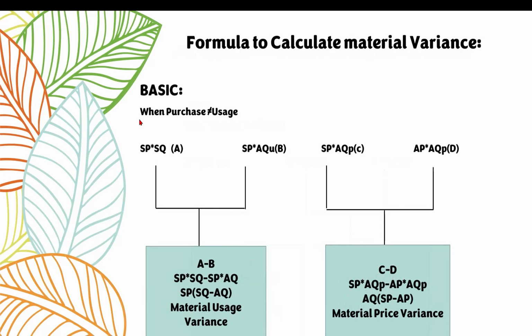But when purchase is not equal to usage, you need to write SP into AQ twice, one for the usage quantity and one for the quantity we purchase. Okay, and the ABC terms I have given to show the calculation part. So remember this one: in case purchase is not equal to usage, everything else will be the same as compared to purchase equal to usage.